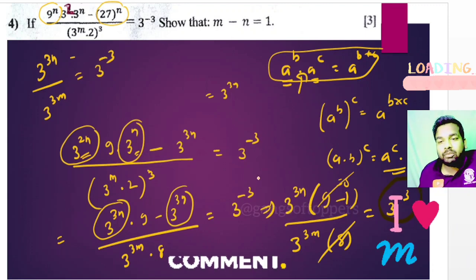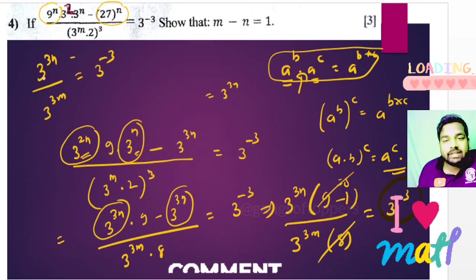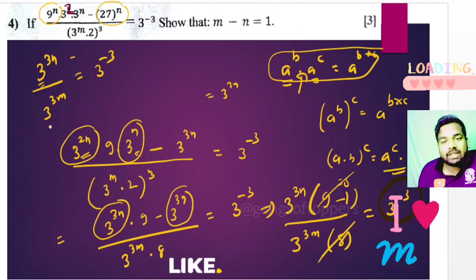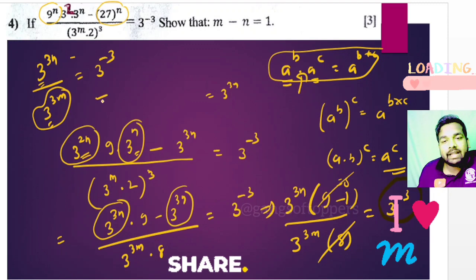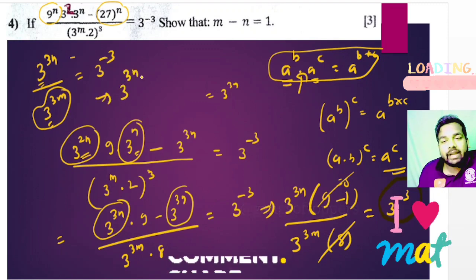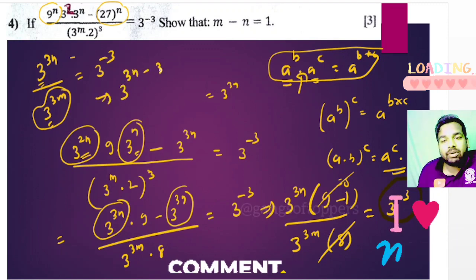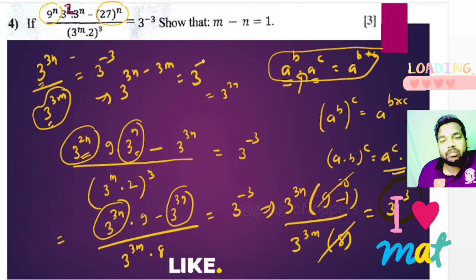Now I think one more concept you can write, that is since here the base is same, and this is in denominator, we can write it like this, that is 3 power 3n minus 3m is equal to 3 power minus 3.